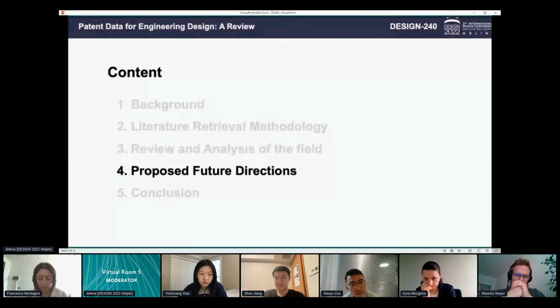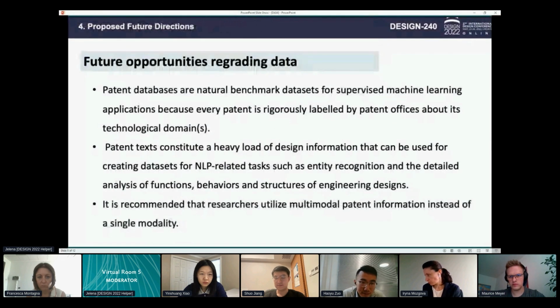Next, we discuss and propose several future directions based on the analysis of the field. We discuss future opportunities in the view of data, algorithm, and application. For data, patent databases are natural benchmark datasets for supervised machine learning applications because every patent is rigorously labeled by the patent office about its technology domain.